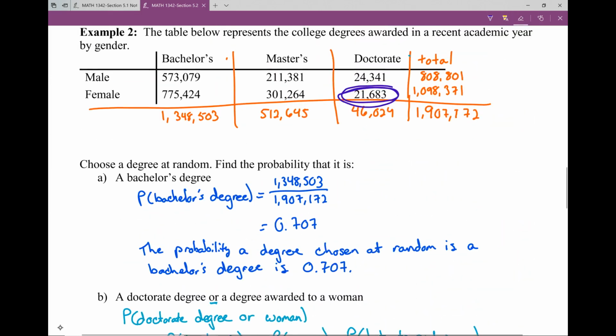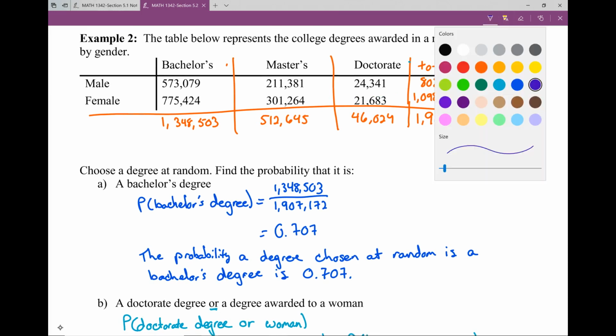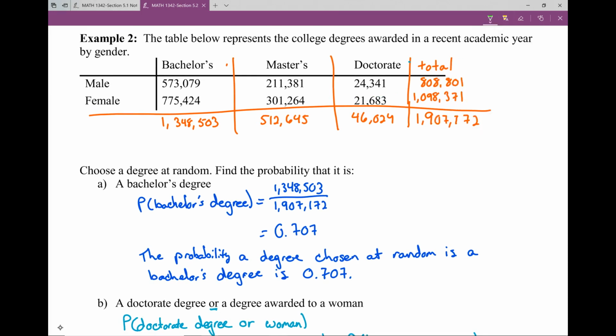So now we want something not a master's degree. So if I come back up here, we want it to where it is not a master's degree. So that means we don't want these. We want bachelor's and we want doctorate. So we can add these two. Now notice that bachelor's and doctorate do not overlap. There's none of these that are counted here.